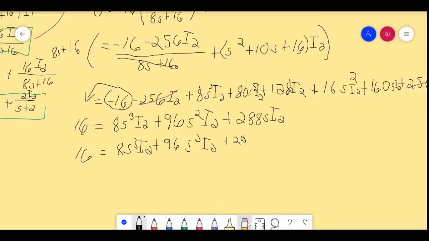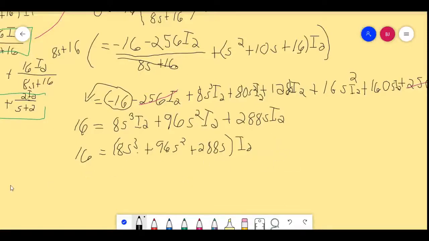Wait, I was going to factor out I2. I forgot. So 8s cubed plus 96s squared plus 288s, times I2. Okay.